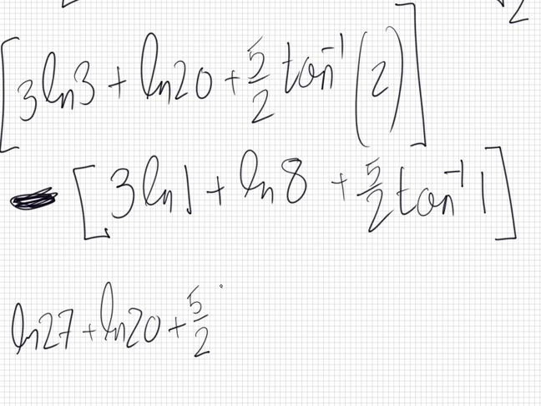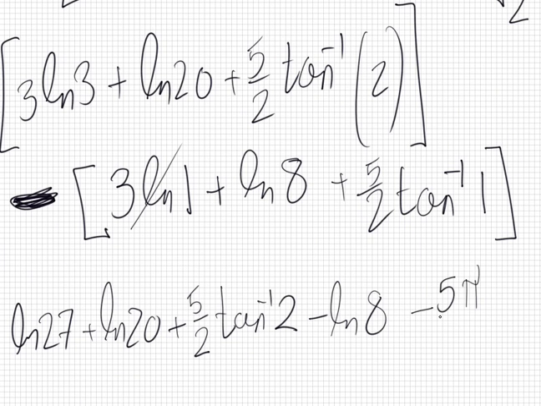Isn't it? Yeah. So we'll leave it as tan inverse 2. We don't want decimals. What's log 1? 0. Minus log 8. Now, tan inverse 1 is not a decimal. If you check it on the calculator, it'll be pi over 4. So this will be minus 5 pi over 8, because this is pi over 4 and there's a minus there.